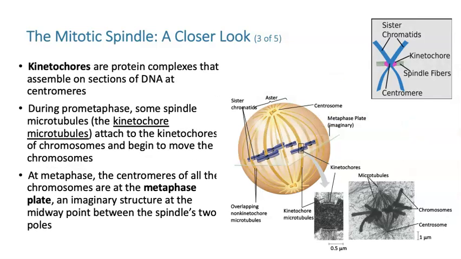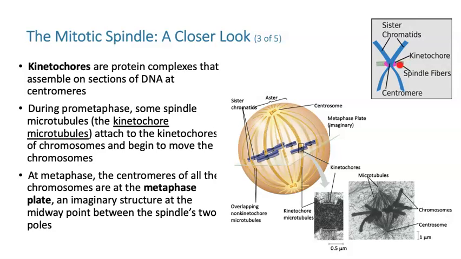Now, I've mentioned the word kinetochore before when we were looking at the steps for mitosis, and kinetochores are proteins that are assembled at the centromere of every single chromosome. And I grabbed this one off the internet because I liked the way it was showing a very nice close-up of the kinetochore. So here's your sister chromatids 1 and 2, and right there at the centromere are these structures called kinetochores.